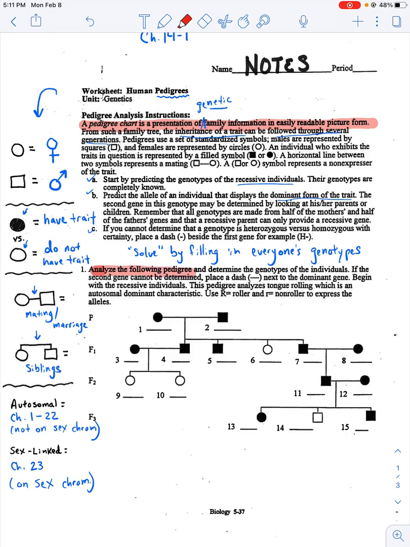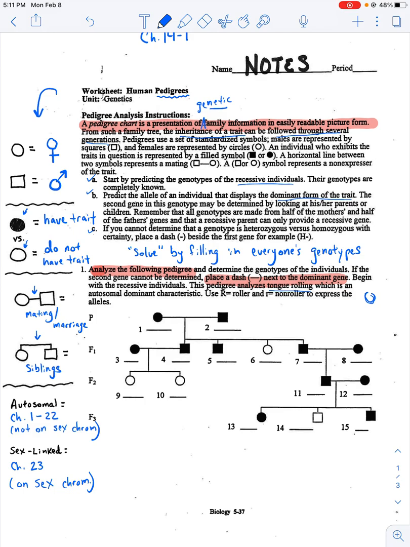Analyze the following pedigree. Again, solve by filling in everyone's genotypes. If the second gene cannot be determined, place a dash next to the dominant gene. I'll explain that in a minute. Begin with the recessive individuals. This pedigree analyzes tongue rolling. So it's when you make your tongue into a tube, kind of like a hot dog bun.